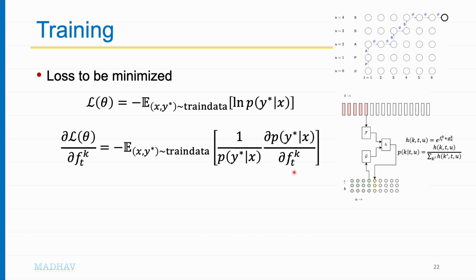That's the question. The equations are there in front of you. Would you like to compute the derivative of P(y star given x) with respect to F_kt? And you know the formula of P(y star given x), right?